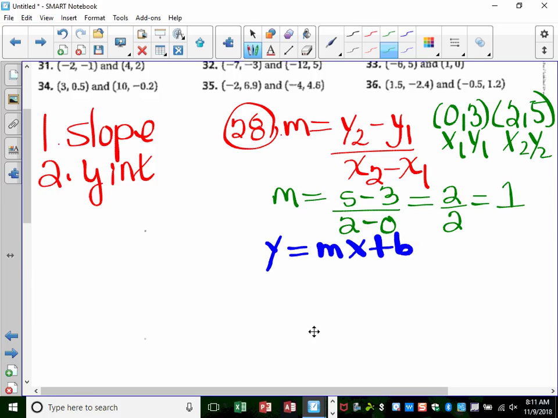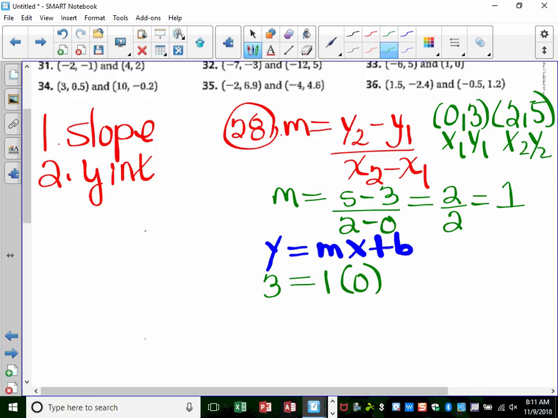It doesn't matter. You can use this one or you can use this one. I like to use numbers that have 0. So I'm going to replace my y with what number? Right, 3, because I'm using the first set of points. I just found my m to equal what? 1, very good. And then my x is what?